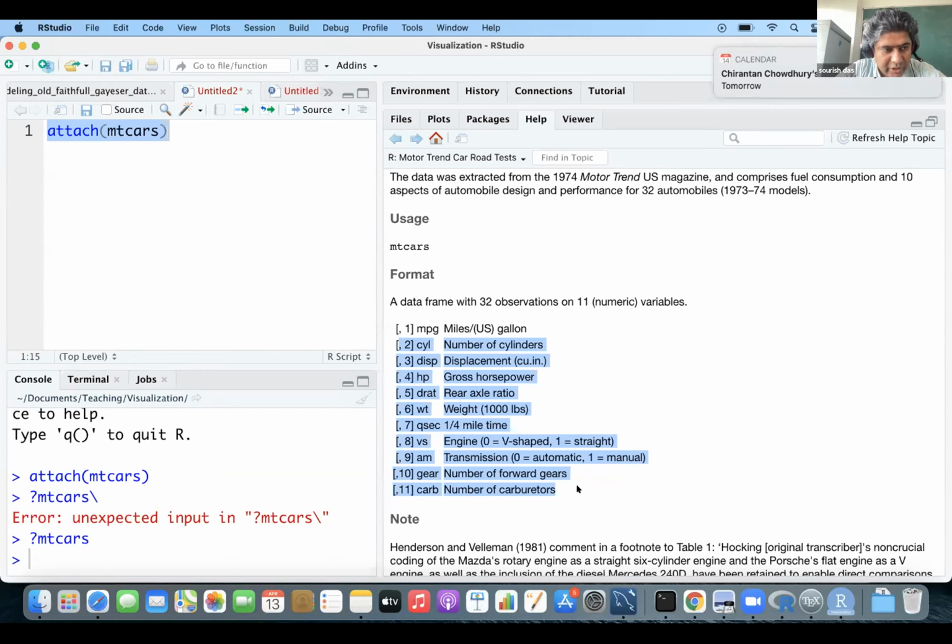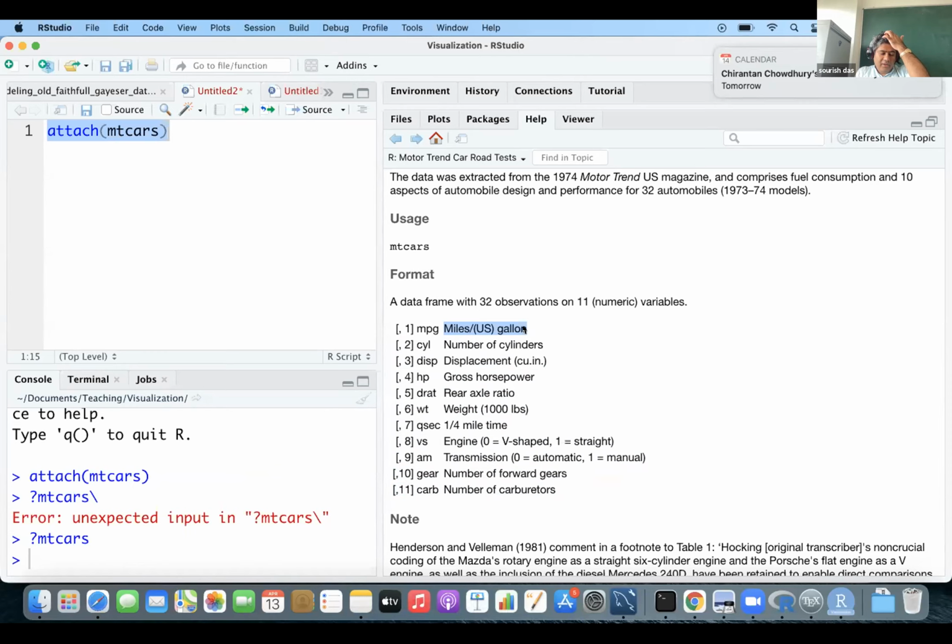The design division has come up with a prototype car, just a prototype in computer design, and it has all the basic engineering features like number of cylinders, displacement, gross horsepower, rear axle ratio, all these things. What is not there is miles per gallon. Why? Because in order to have miles per gallon, you have to have a prototype car, run the car for a while, and then you will know what the miles per gallon is.